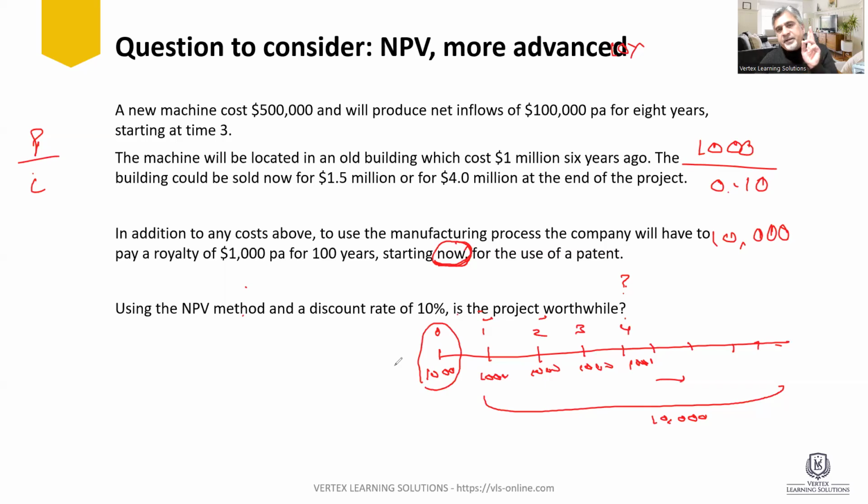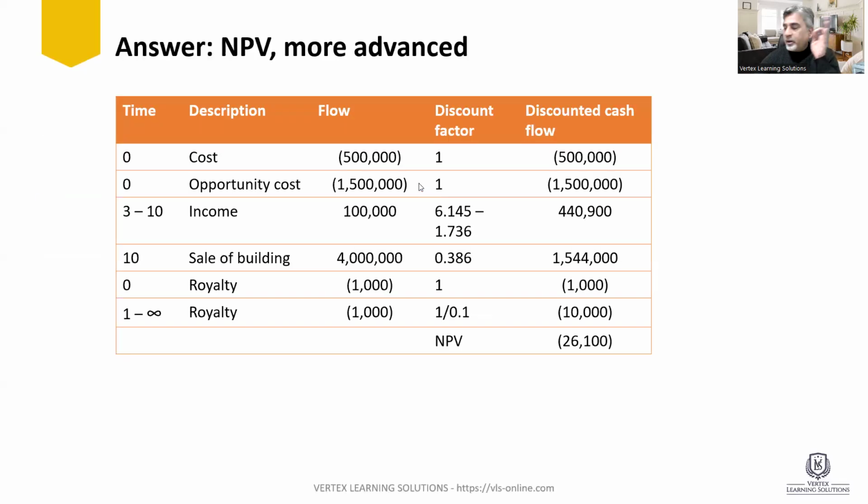So in year 1, I'm paying 2 times, beginning of the year and end of the year. Whatever you pay now has a discount factor of 1, and 1,000 multiplied by 1 is 1,000. This is the case of this royalty only because of the word now, which means year 0. So this is the royalty in year 0, and then the remaining perpetuity.